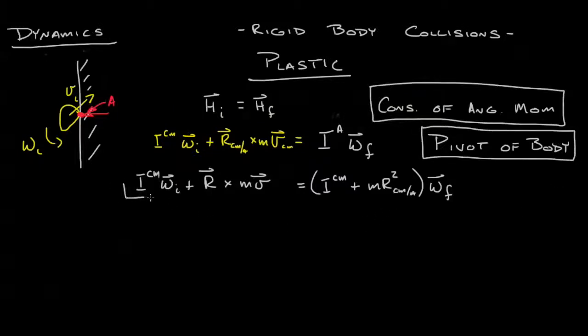Now we have some sort of initial condition here. That's initial velocity. And we have a relationship between that and the final velocity, or at least the final angular velocity.